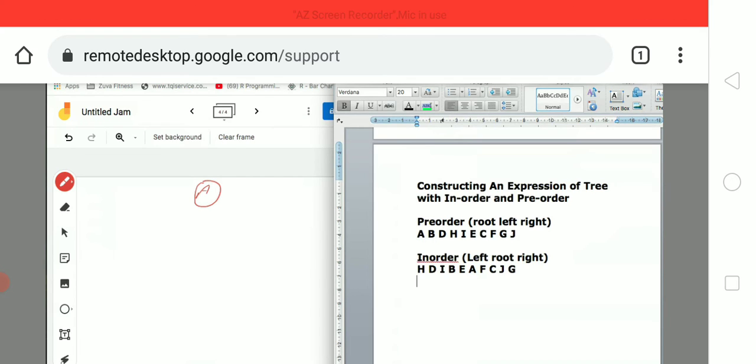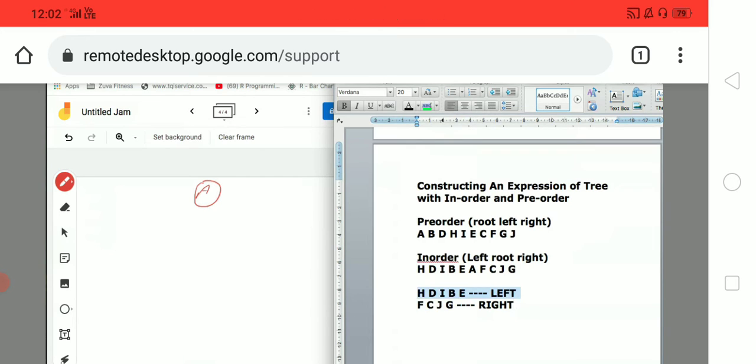Now H, D, I, B, E are on the left side, and the remaining elements except A, that means F, C, J, G are on the right side. So A is the root node and H, D, I, B, E is on the left side and F, C, J, G are on the right side.